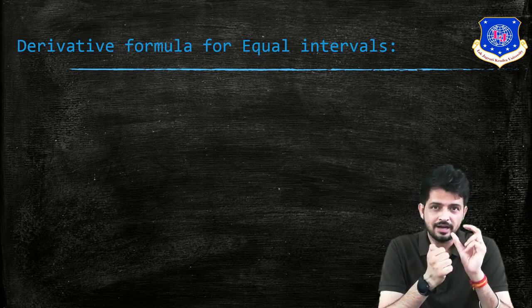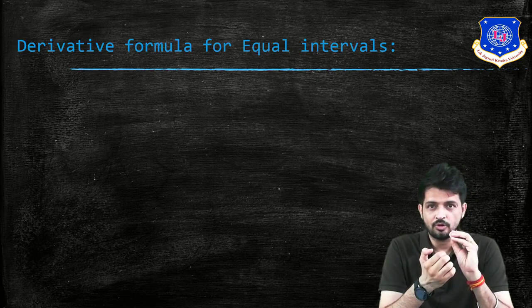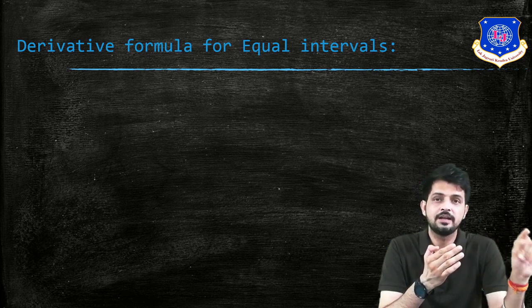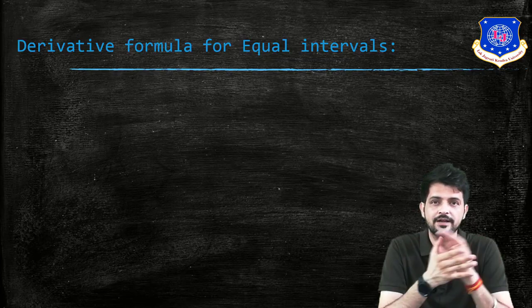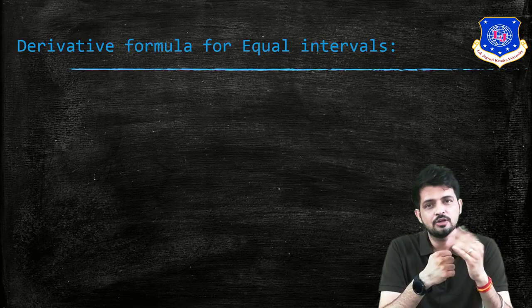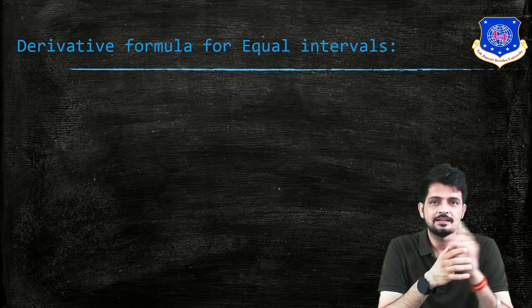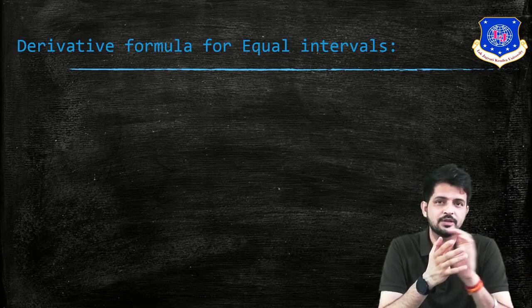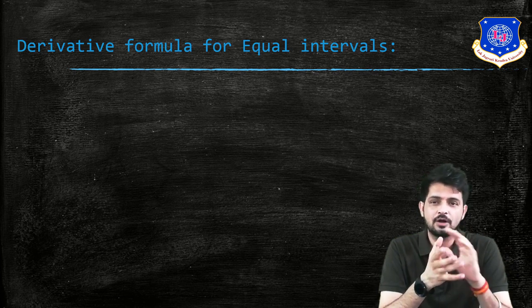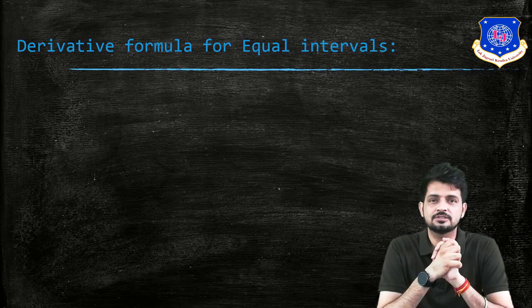See, for unequal intervals, remember, for unequal intervals we have to use the formula for interpolating polynomial. First of all find f of x, then take derivative, then again take derivative if it is required. Okay, then place the value of x in that particular polynomial. Okay, but for equal intervals we have to derive the numerical differentiation formula.